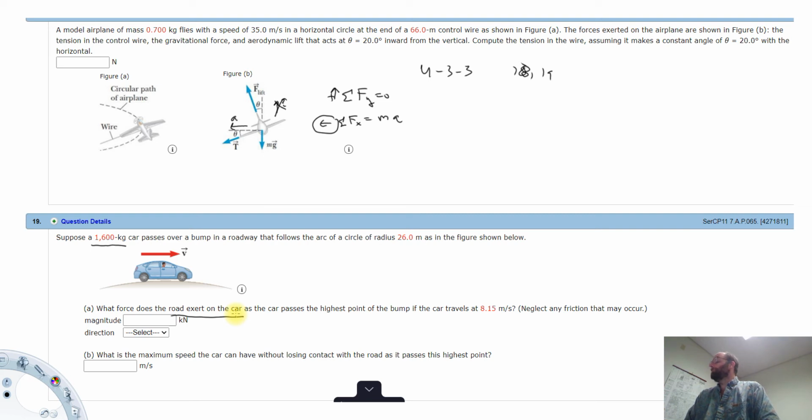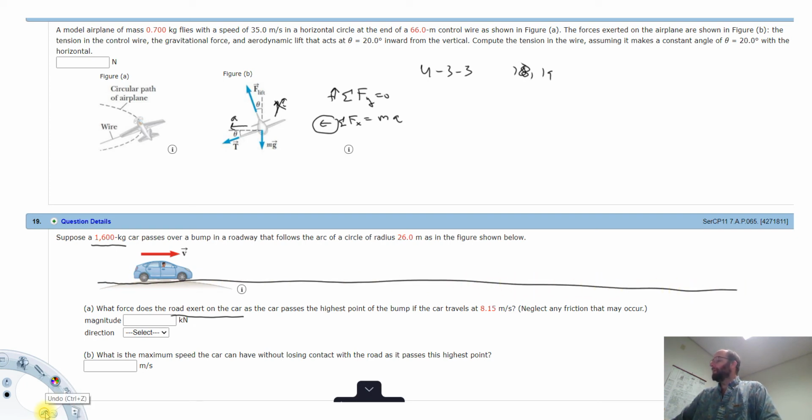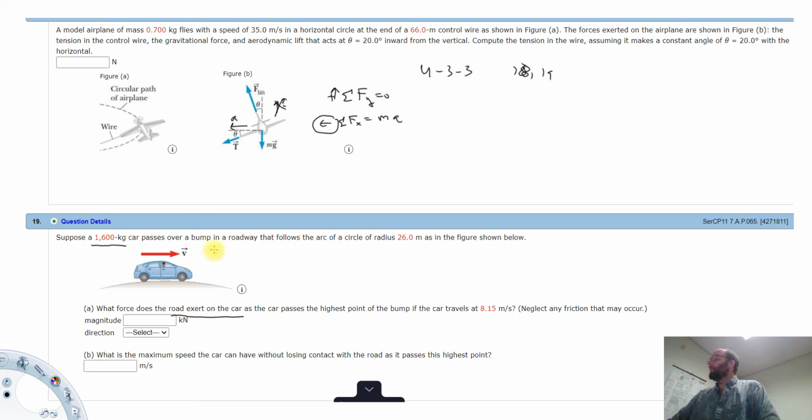Hopefully it's obvious. Now look at the motion of the car. If this car were traveling a path that was perfectly straight like this, at constant speed, it wouldn't be accelerating. But it's not traveling that path. It's traveling a curved path. So ask yourself, is this car accelerating, yes or no?